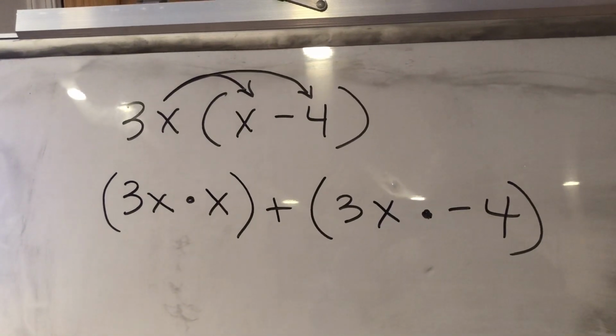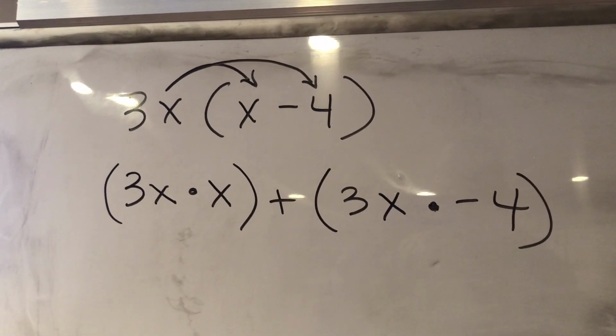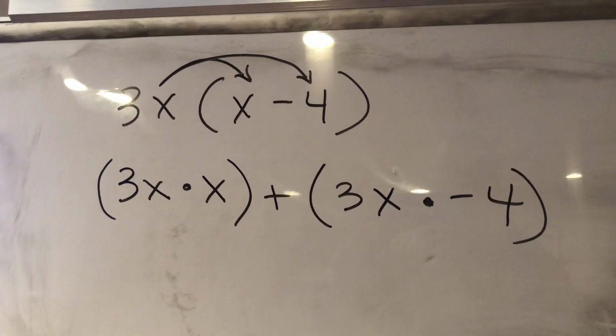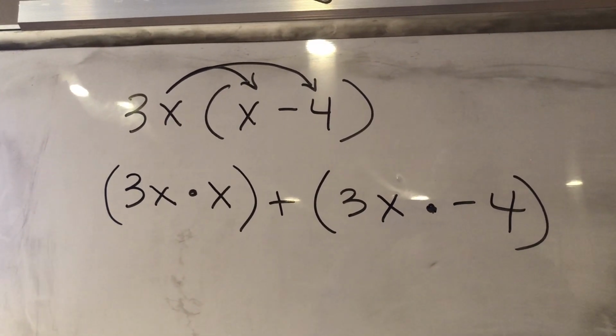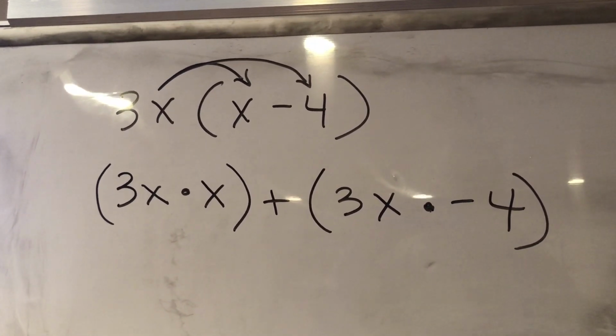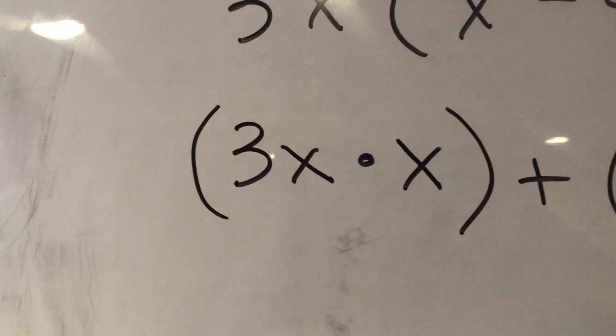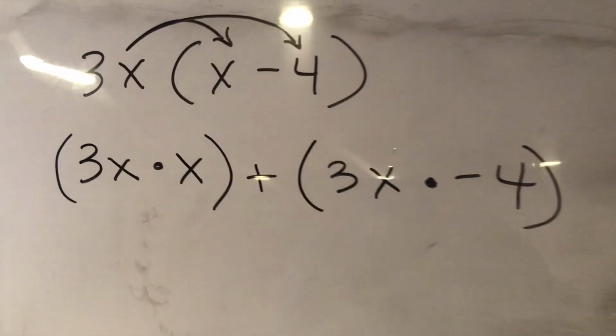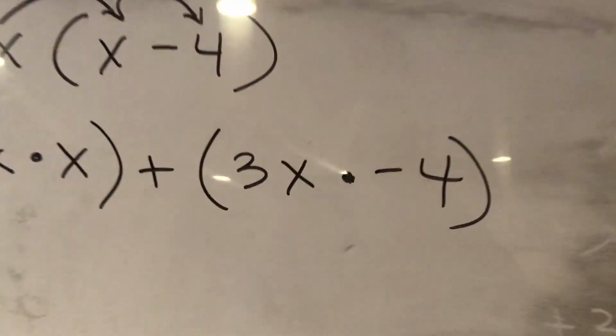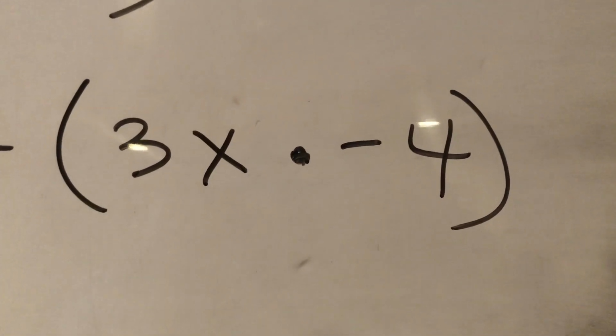So the first thing you want to do is distribute the 3x, that term, to the binomial that's in the parentheses, in the grouping symbol. So we would go 3x times x, and then 3x times negative 4.